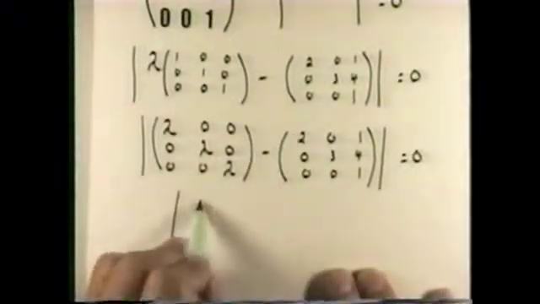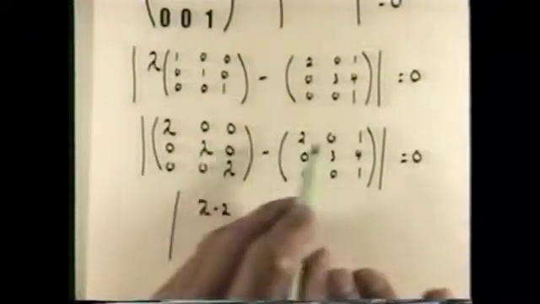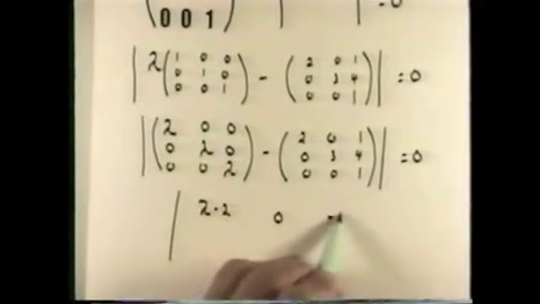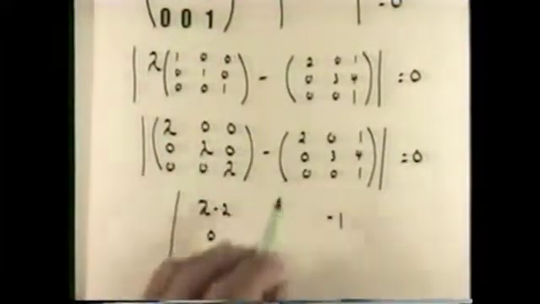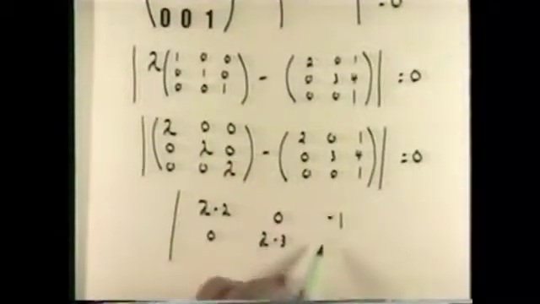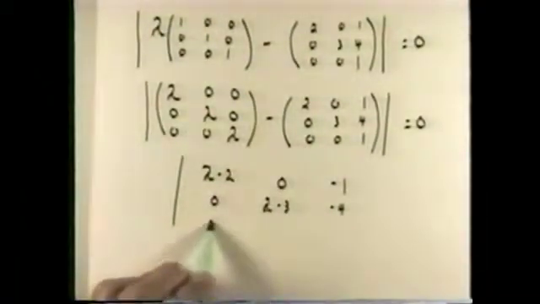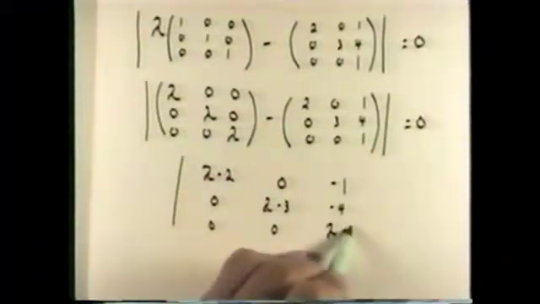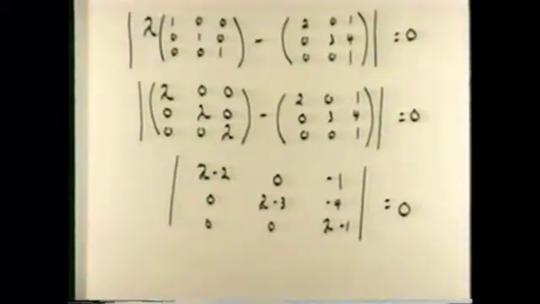Lambda minus 2, well, I can do the subtraction here. 0 minus 0, 0 minus 1. 0 minus 0, lambda minus 3, 0 minus 4. 0 minus 0, 0 minus 0, lambda minus 1 is equal to 0.